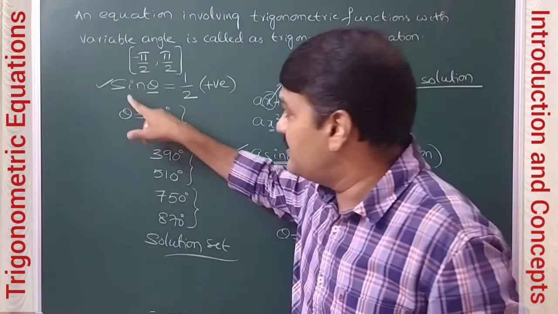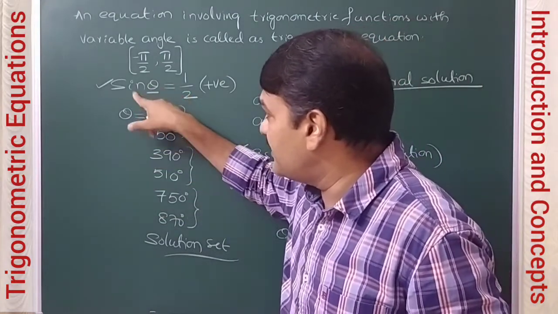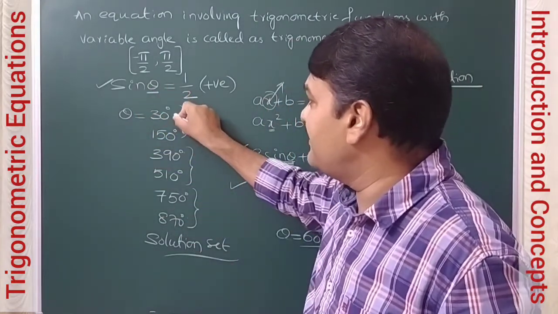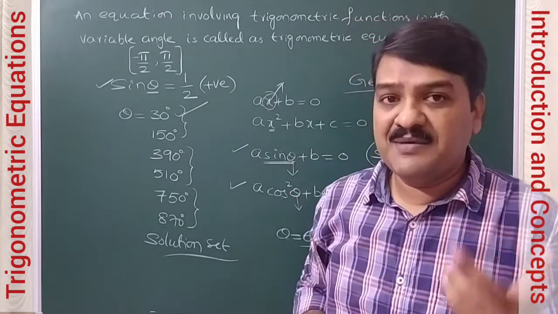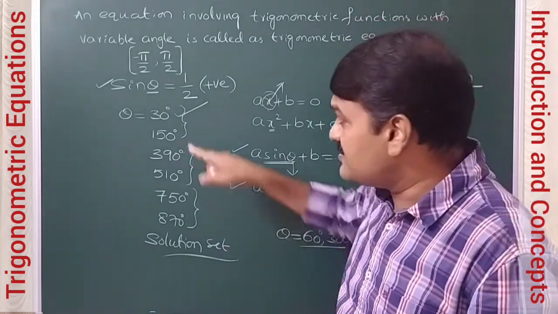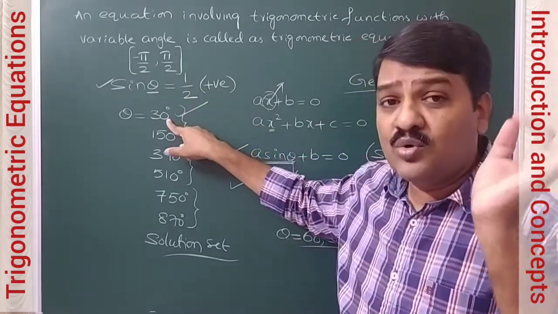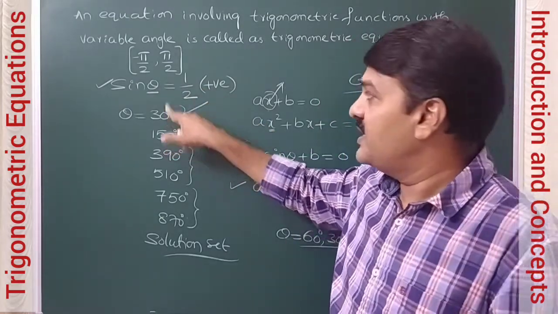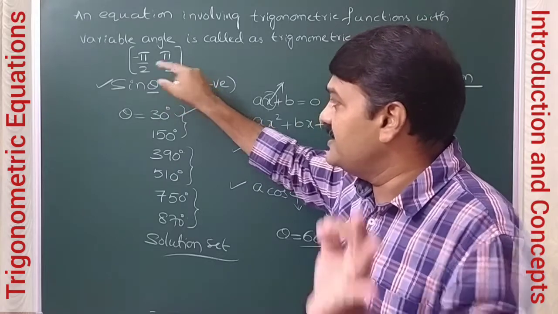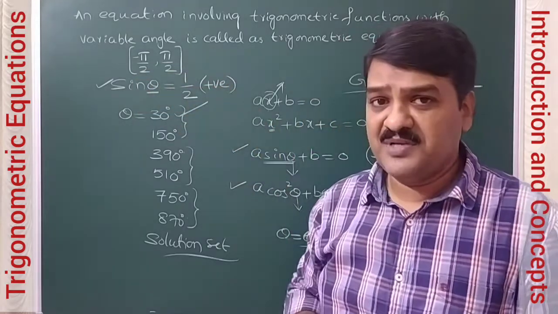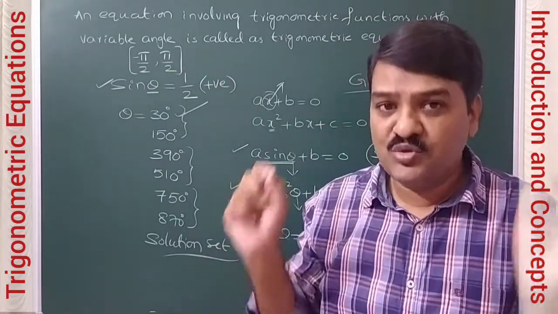So what is the principal solution of this particular equation? It will be 30 degrees or pi by 6 radians. Because for this equation, 30 degrees is the only angle in this particular interval satisfying the equation. So the principal solution is always unique.